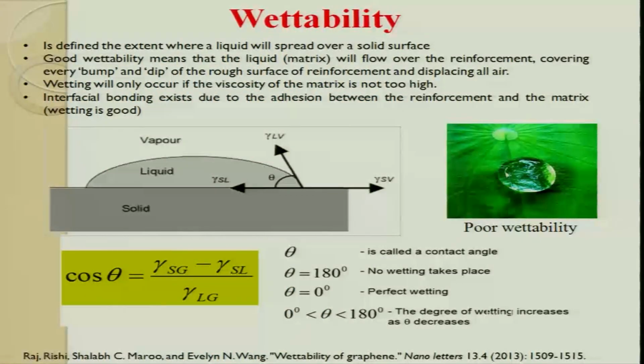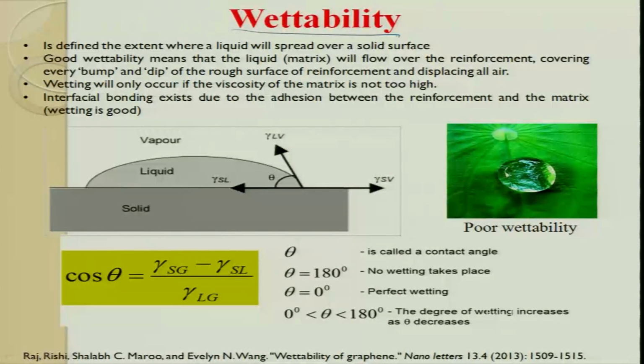The next thing which I was talking about again and again, let it be thermoplastic composite, thermoset composite, metal matrix or ceramics, which we will see later: all these things basically depend upon a property called wettability. Wettability means how well the polymer, or the matrix, can spread around the reinforcement.